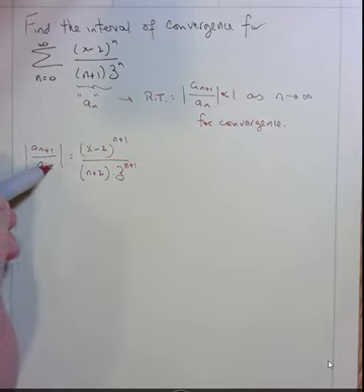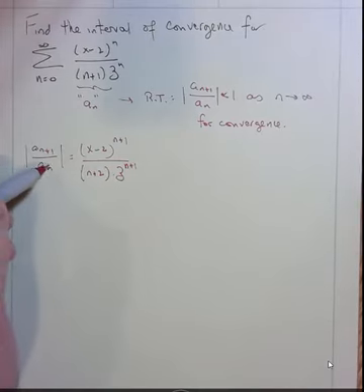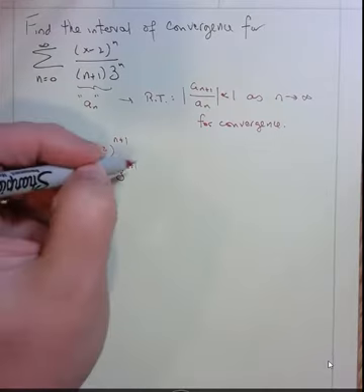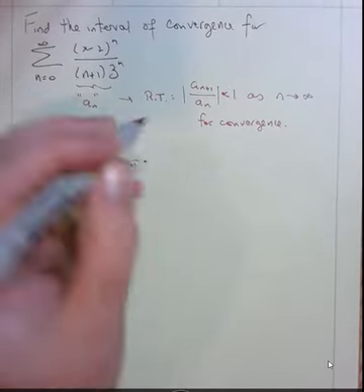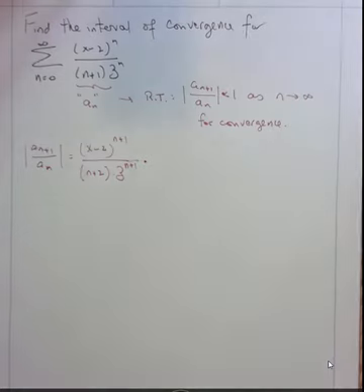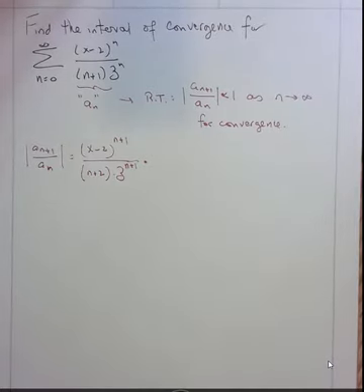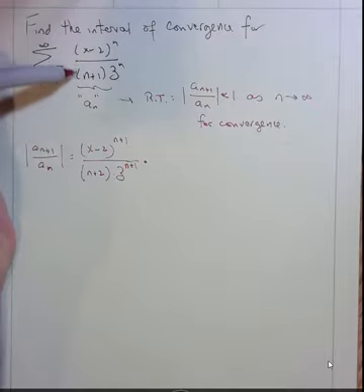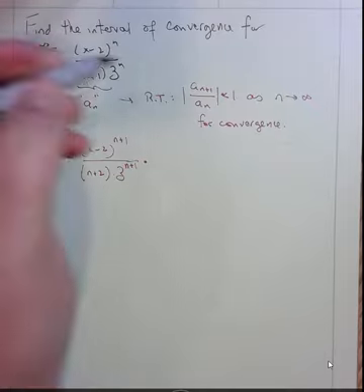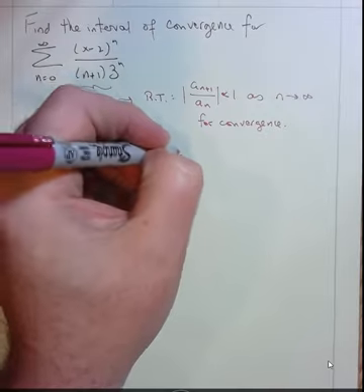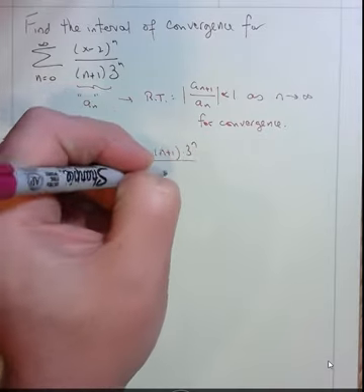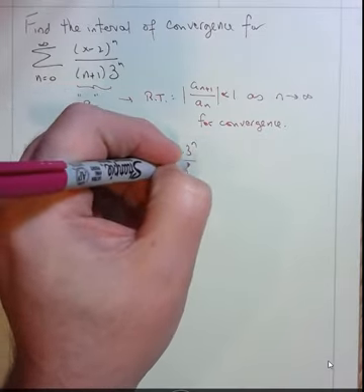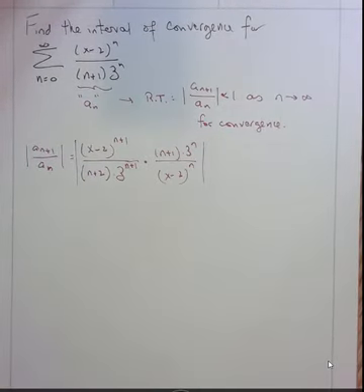And then I'm supposed to divide that by a sub n, but we're working with quotients. Division by a quotient is the same thing as multiplying by the reciprocal, and so when I divide by a sub n, I'm just going to flip that around to multiplying by the reciprocal of the generic series term representation. And I'm going to put my absolute values around that, and I'm going to simplify that mess.